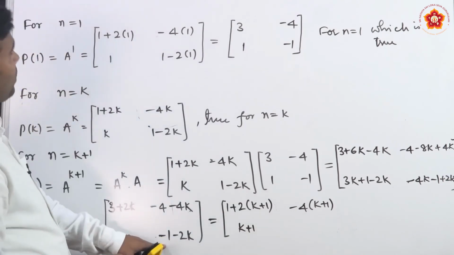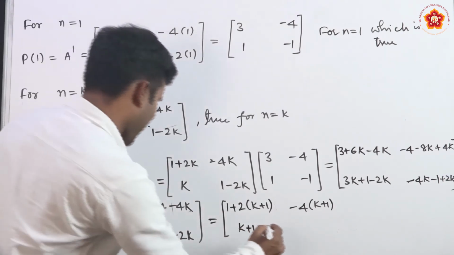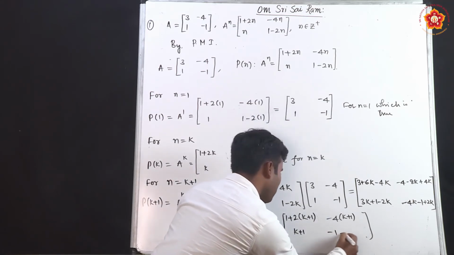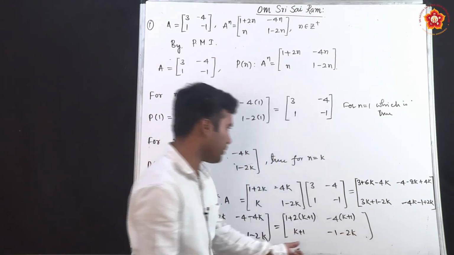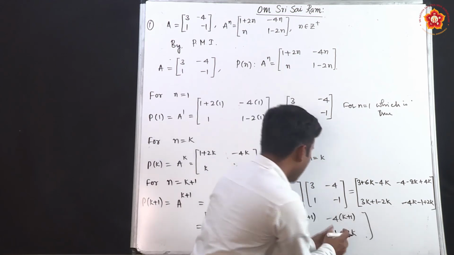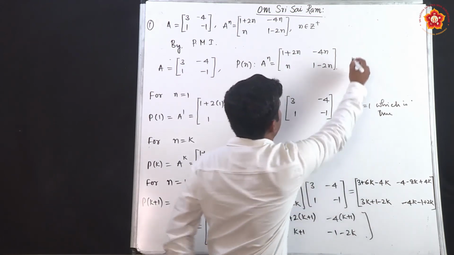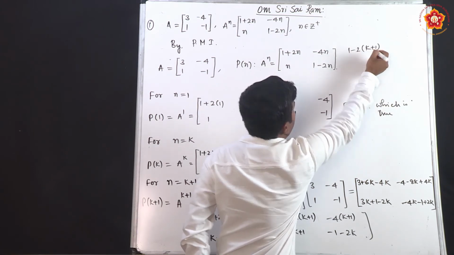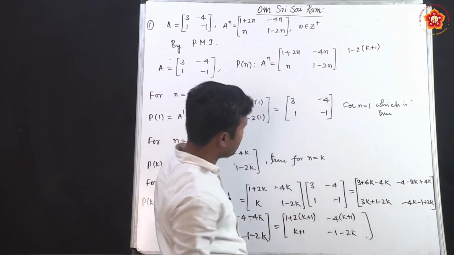And minus 1 minus 2k I can write as, see, I want to write this in the form of 1 minus 2 times k plus 1, understand?